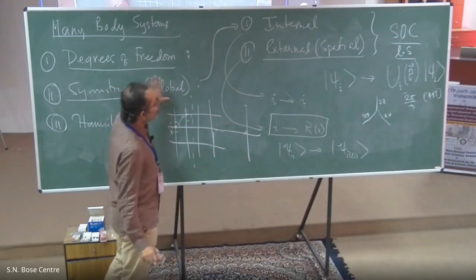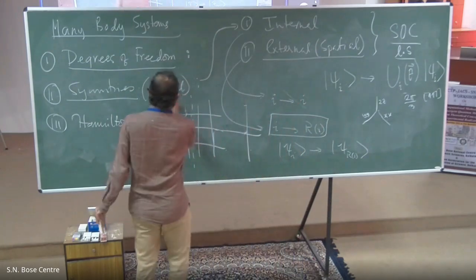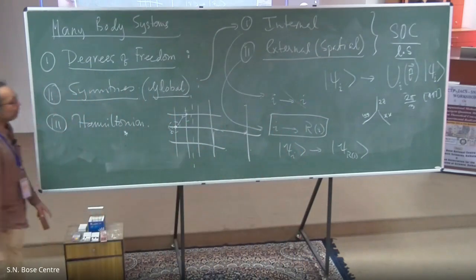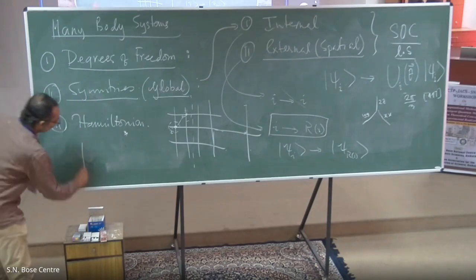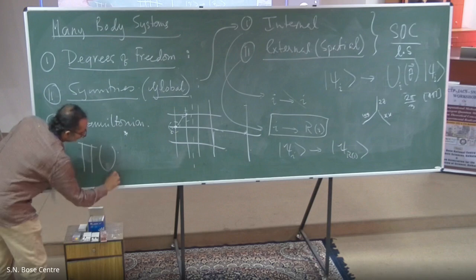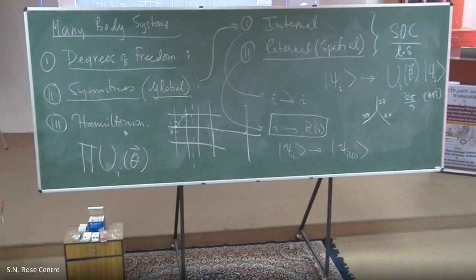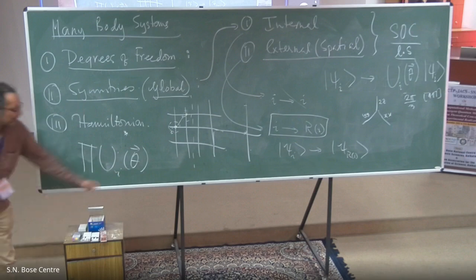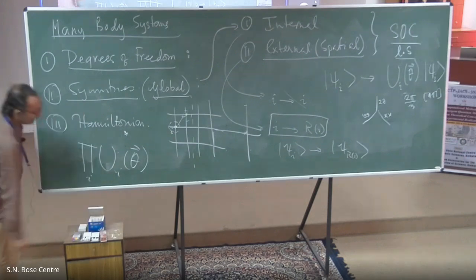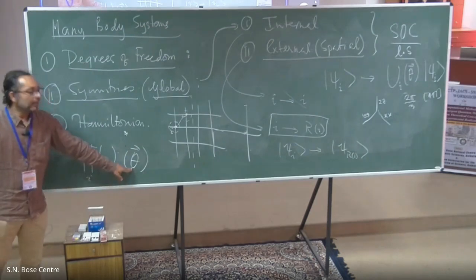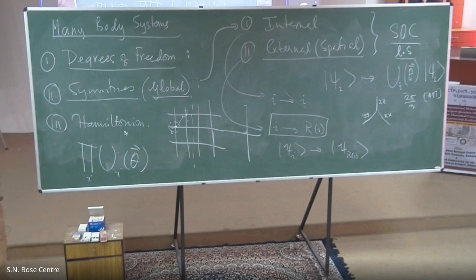But one important property of this global symmetry is that when you think about the transformation of the system, you think of it in terms of a product of unitary or anti-unitary transformations locally, and for internal symmetries in particular, the value by which you are transforming is the same at all points.